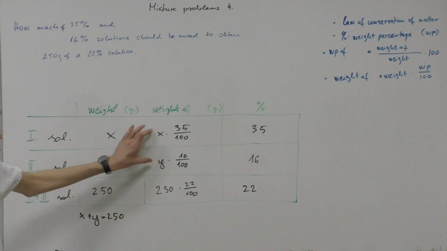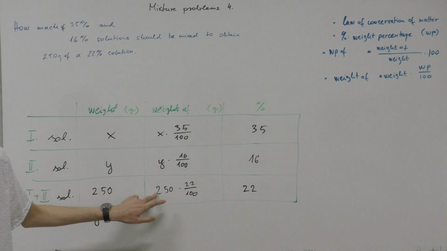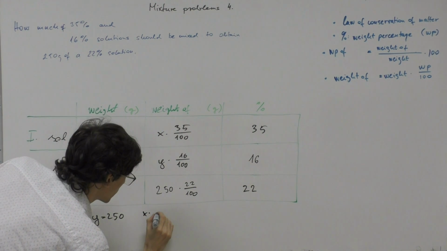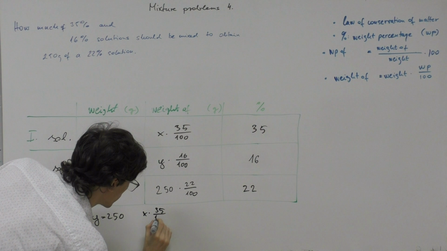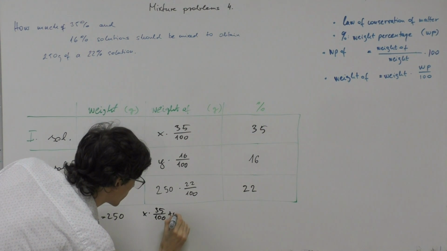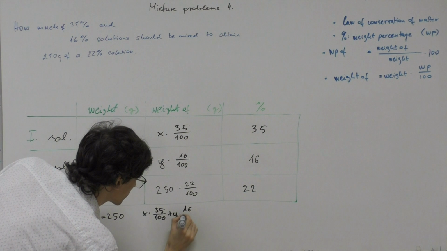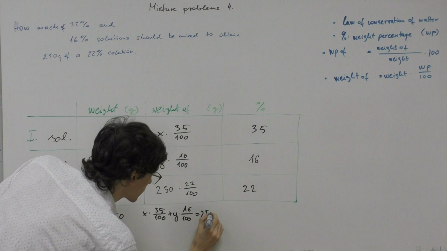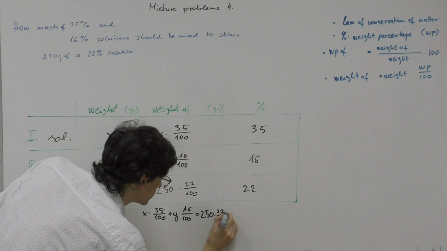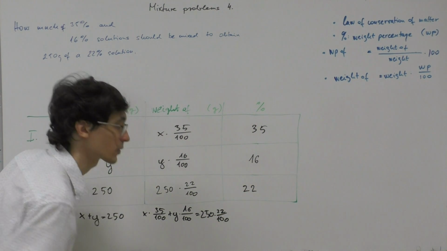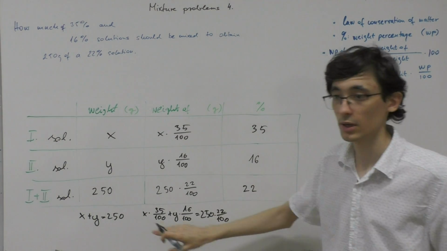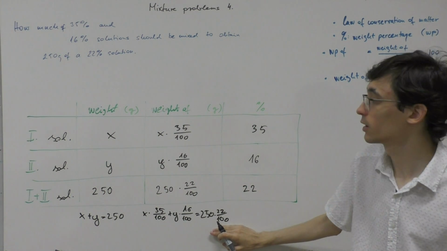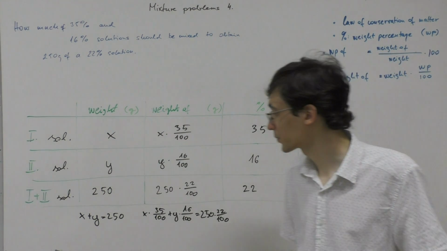Also, adding up these two, we get another equation, x times 35 over 100 plus y times 16 over 100 equals 250 times 22 over 100. Now with these two, we have a linear system of equations which we need to solve to find our values.